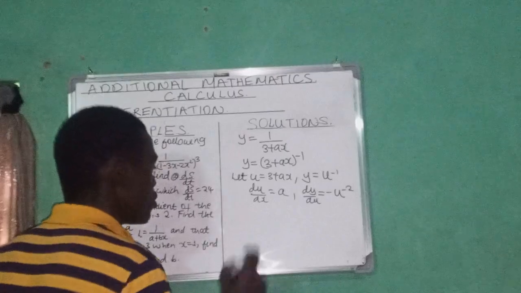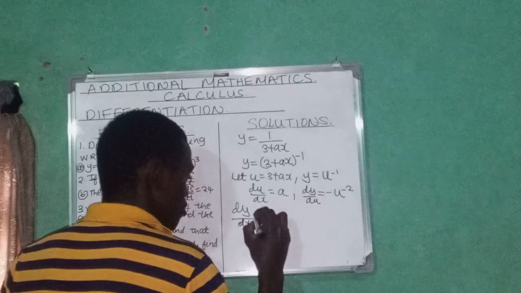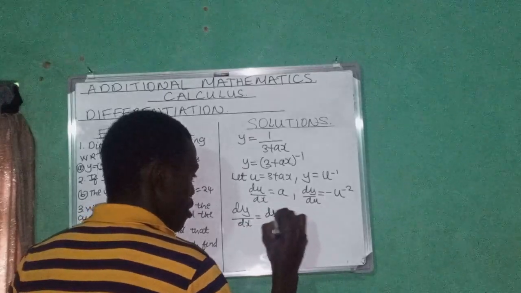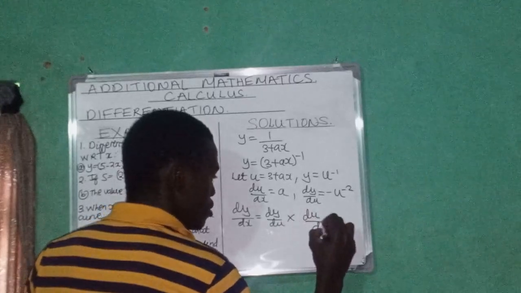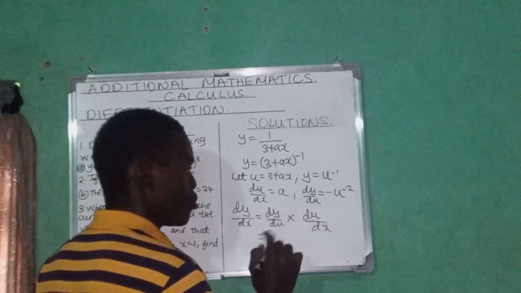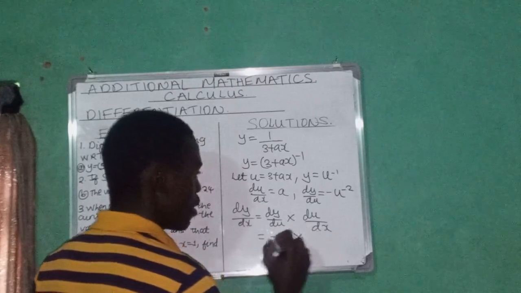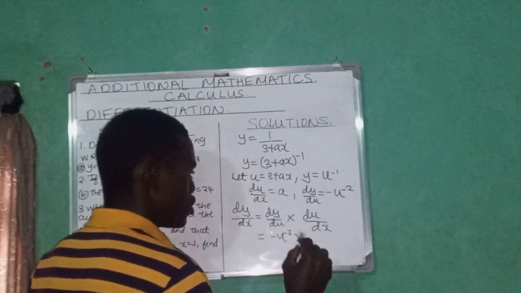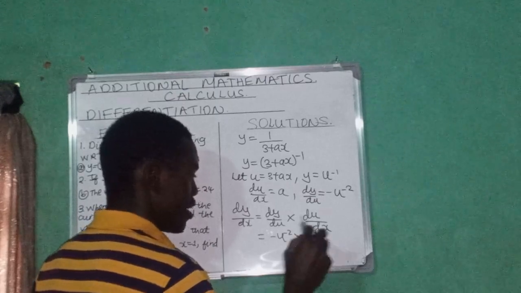So your chain rule says dy/dx is equal to dy/du multiplied by du/dx. Your dy/du will be negative u to the power negative 2 multiplied by your du/dx, which is the letter a.